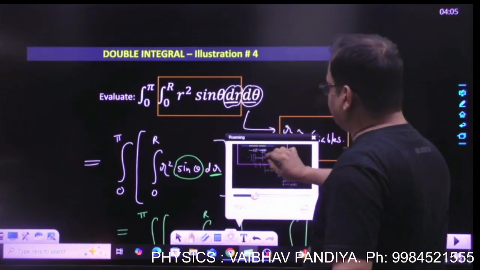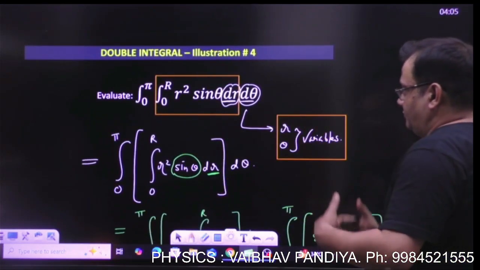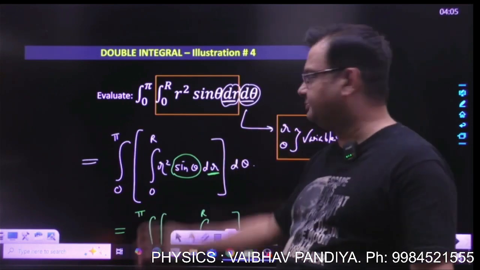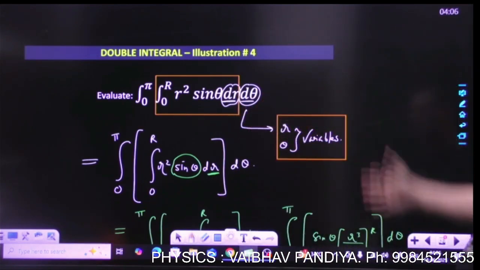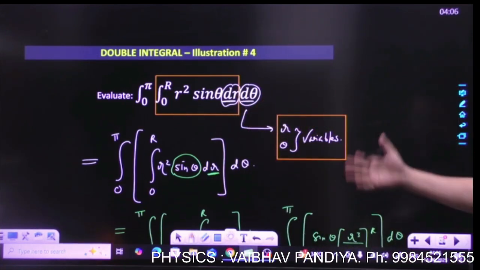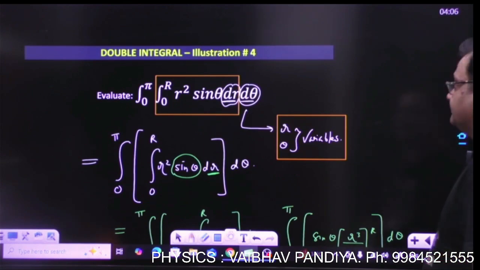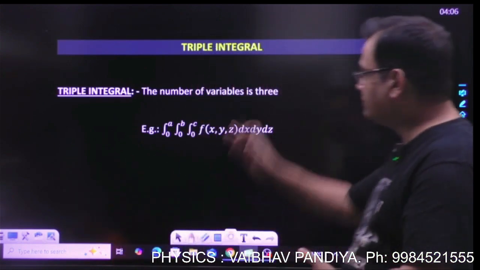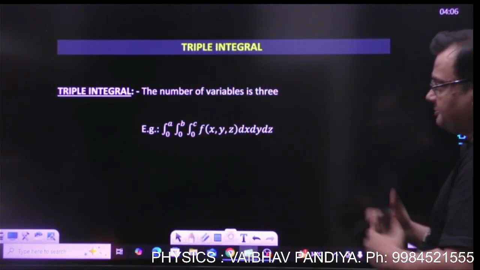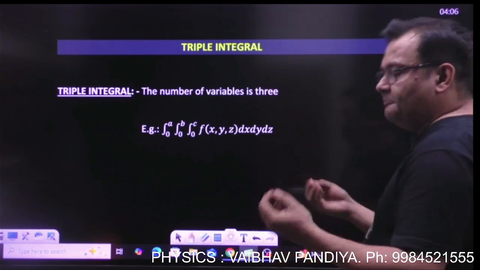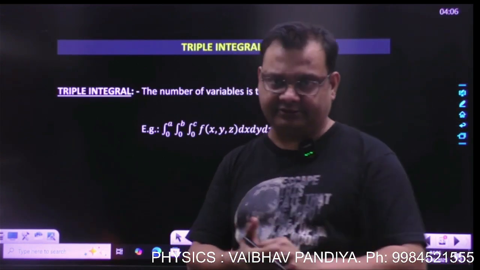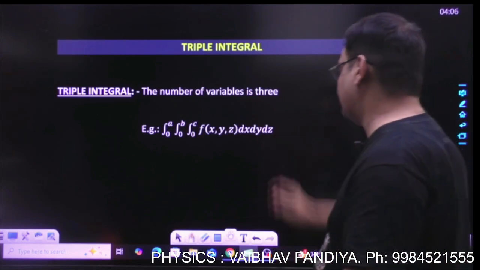So here we have a double integral, and we have just seen the introduction of new variables like theta and r instead of x, y, which we have been doing till now. Now let's go a step forward. What is the meaning of triple integral? A triple integral, as I told you, is simply a multivariable integration involving three integration variables.